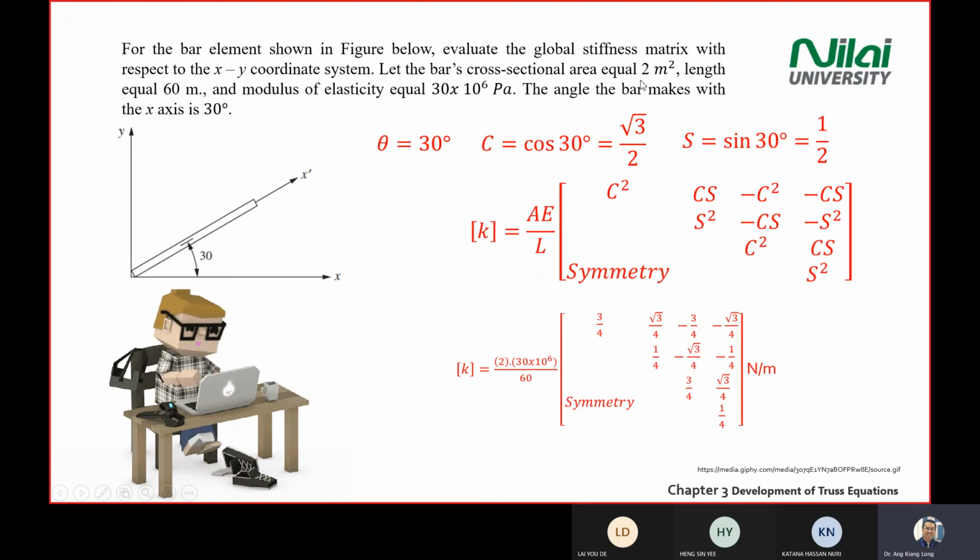A is 2 meters square, so A is 2 here. E is given as 30 megapascal, so you write 30 times 10 power 6. L is 60, so 60. Again, when it comes to tests, my favorite is that I will change the unit inside here. Remember to change to SI units during your test or final exam.